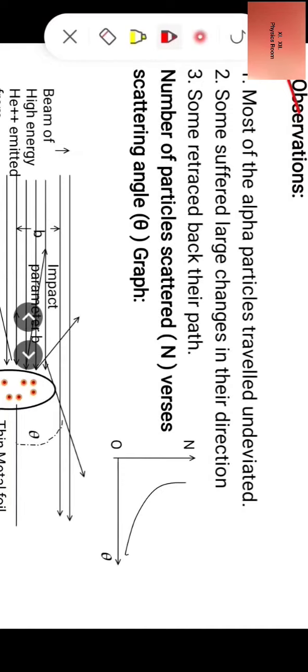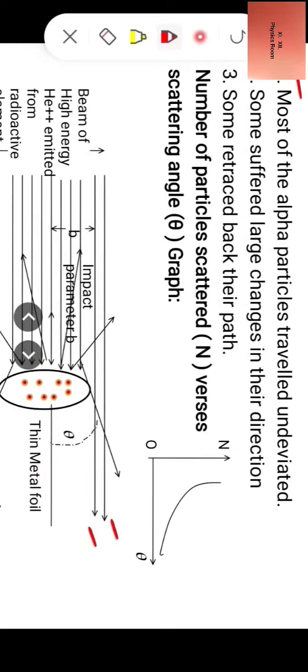Now, observations of the experiment. First, most of the alpha particles traveled undeviated, like here you can see. Second, some suffered large changes in their direction, like this and this. Third, some retraced back their path, like this particle.